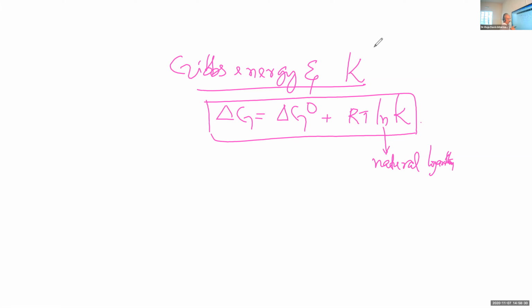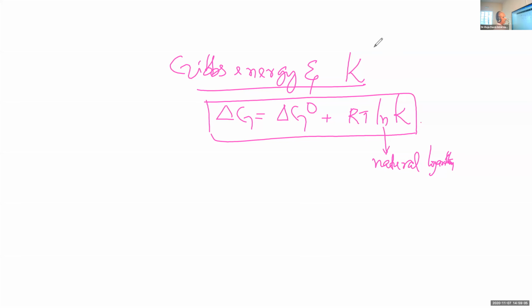And what is delta G? Delta G is the Gibbs energy change at equilibrium. That is G2 minus G1, where G2 is the Gibbs energy of the products and G1 is the Gibbs energy of the reactants. So delta G is the Gibbs energy change.